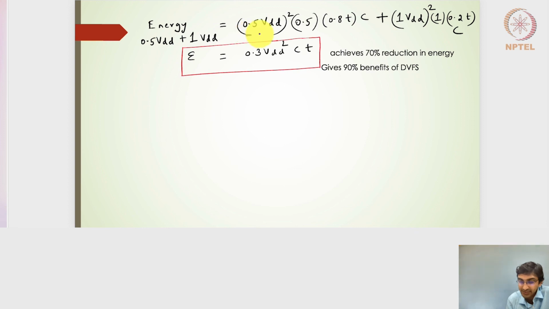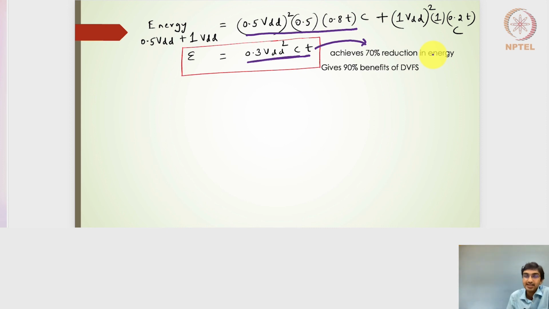That is what we are achieving: 0.5 VDD, the whole square, multiplied by 0.5, multiplied by 0.8 T C, plus VDD square times 1 times 0.2 T times C. So overall, we are achieving 0.3 VDD square times C times T, which is a 70% saving with respect to the energy if we were to use one VDD rail and a rate of 1.